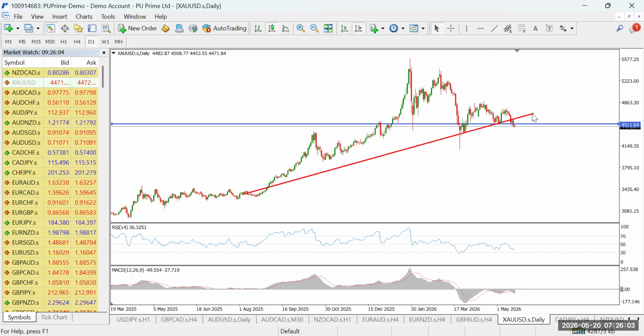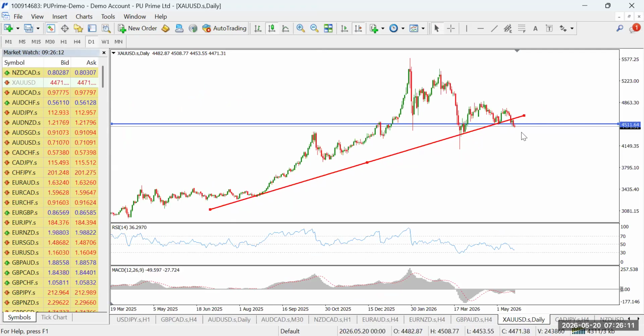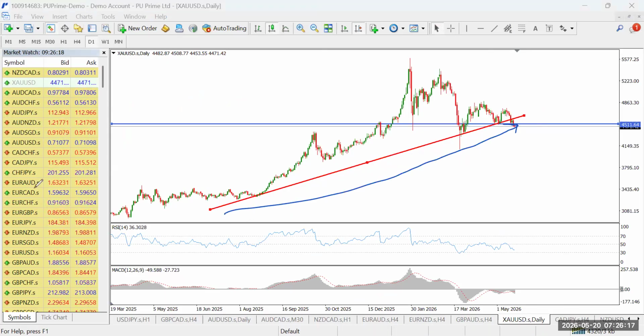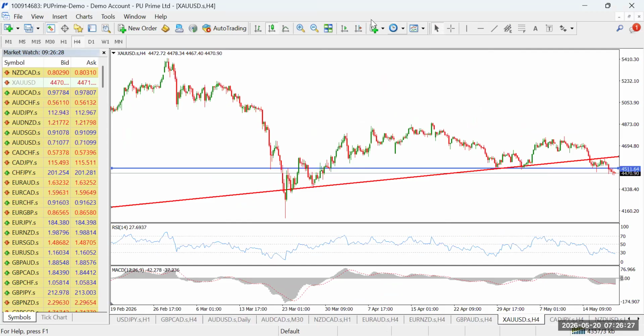All along, I've been bullish on gold, but price broke the trend line and the support yesterday. If you follow my analysis for a long time, I've been bullish. But now price broke that trend line and the recent support on the daily time frame. All right, so let's go down to 4 hour.